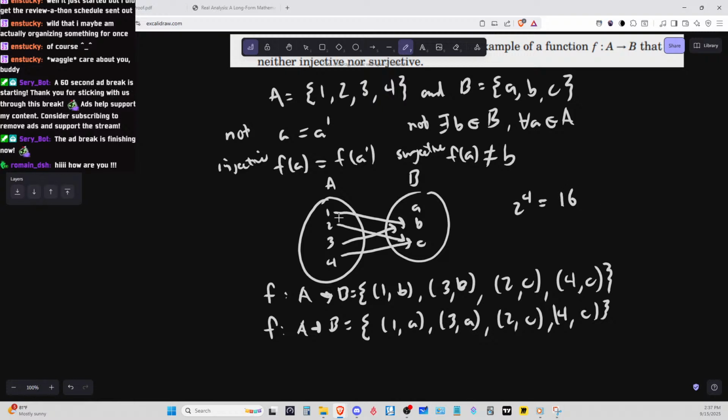Whilst if you had 2 outputs and 3 inputs, you would get 8.